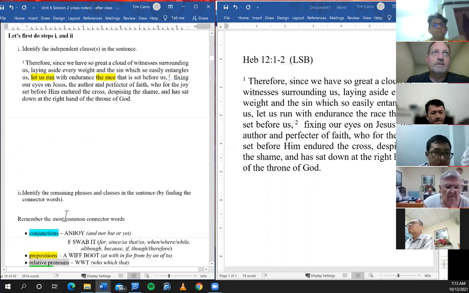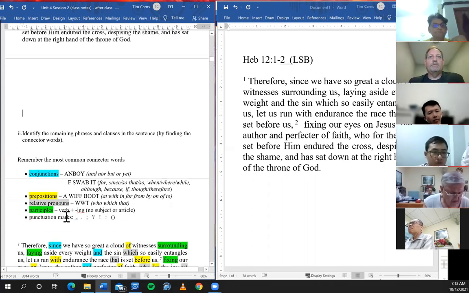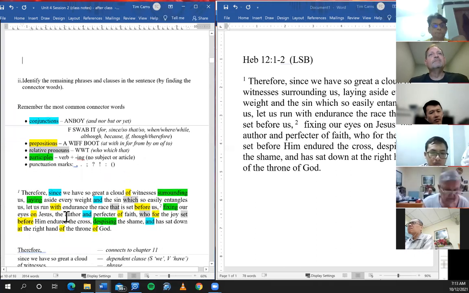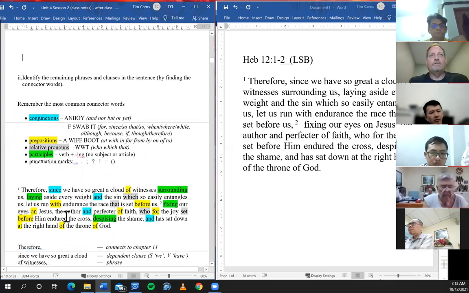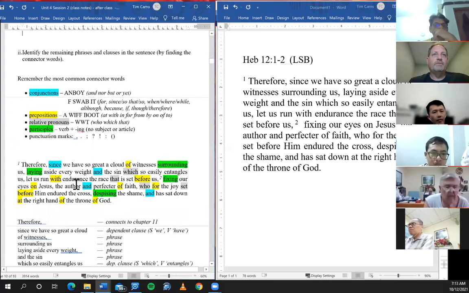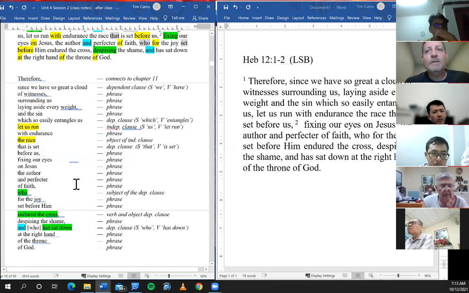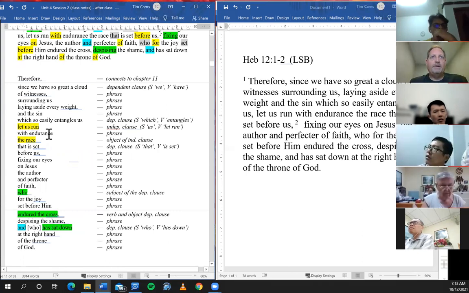And then the second step we also carried out was to identify the connector words, which are highlighted here, the various conjunctions, prepositions, relative pronouns, and several participles, as it turns out. So we did that step as well, and then we went through each and every phrase and clause and identified them. A couple of things that we discussed was noting that sometimes a clause can be separated by a phrase.